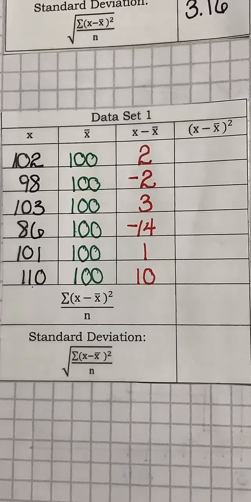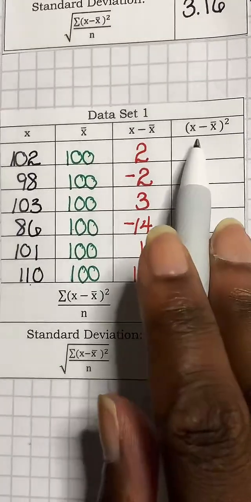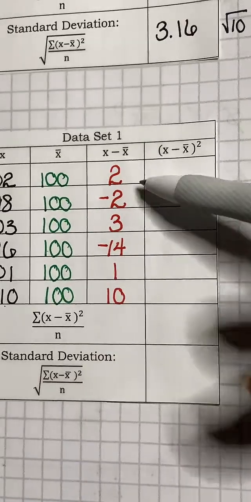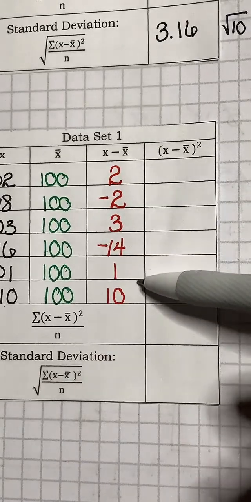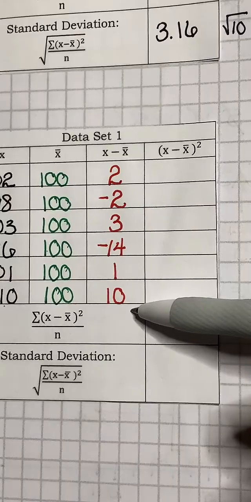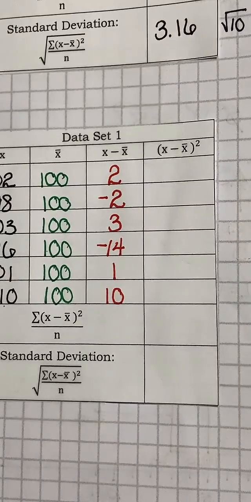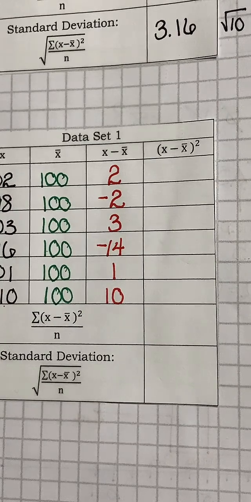Okay. So now, just like it states up here, we're going to square all the numbers that are red. Okay, you doing good? Good. With the single measurement? Yes. So we're trying to find that measurement, see how far away we are from our mean.